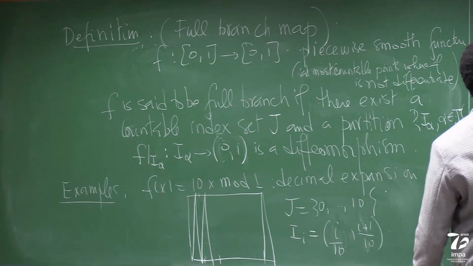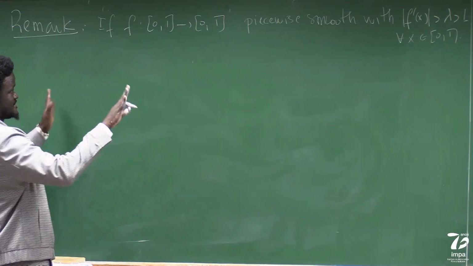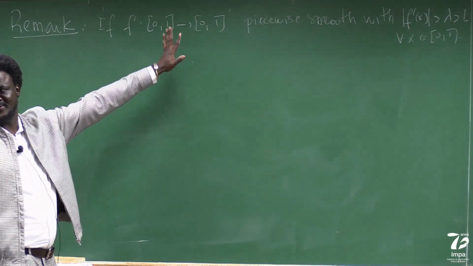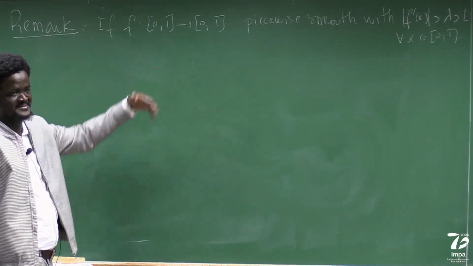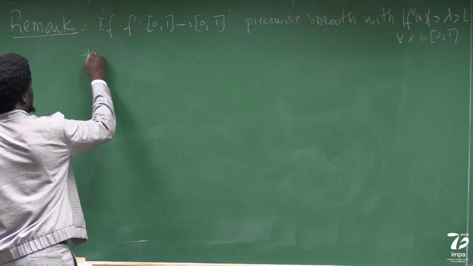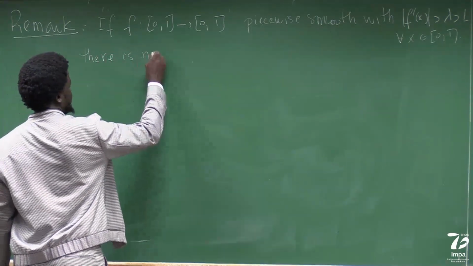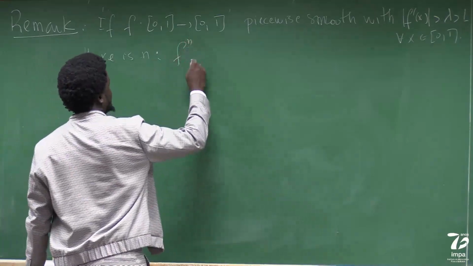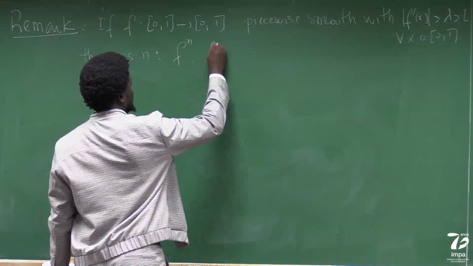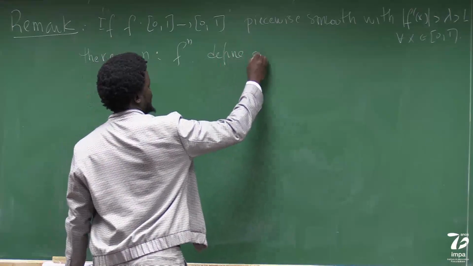So, that exists. This is a remark that has nothing to do with the course. It's something more technical. There is n, such that F^n defines a full branch map.